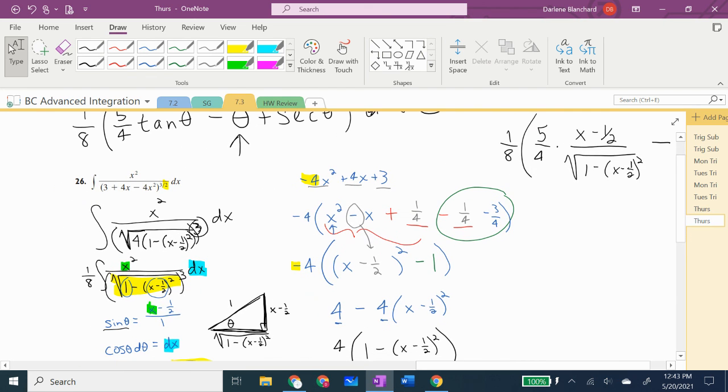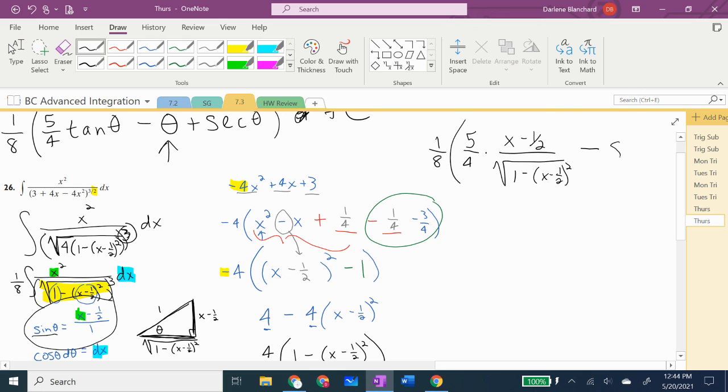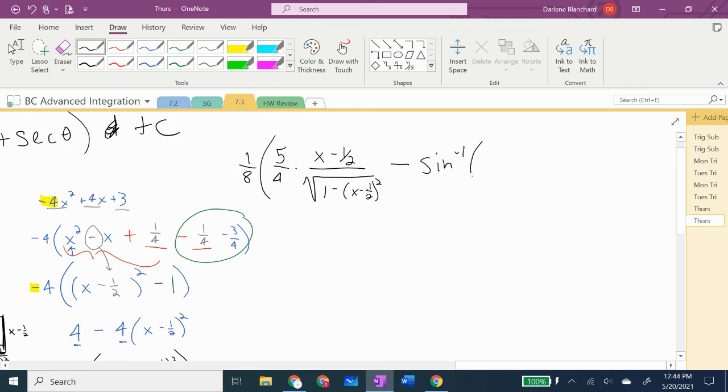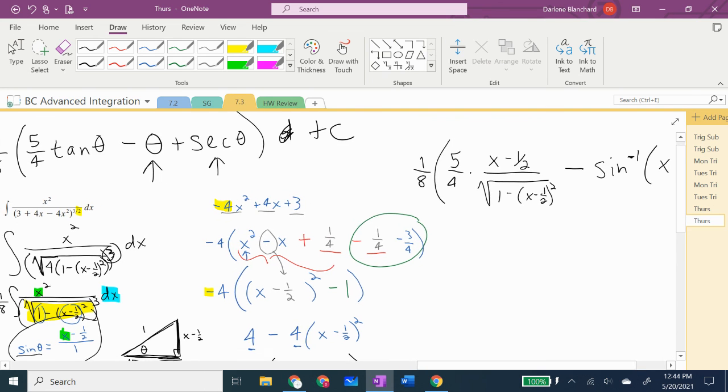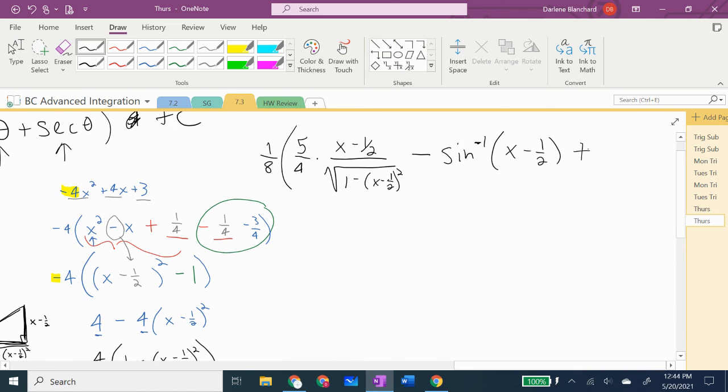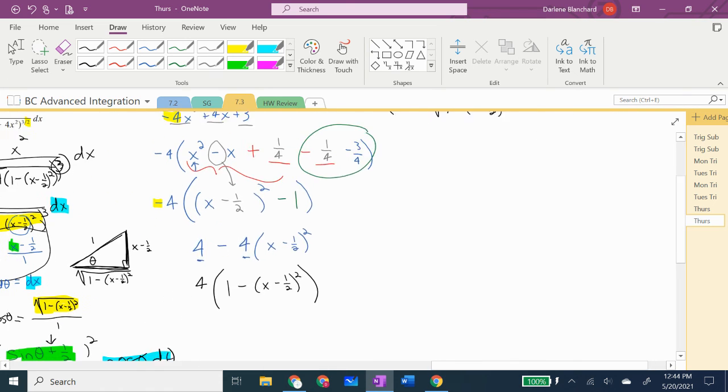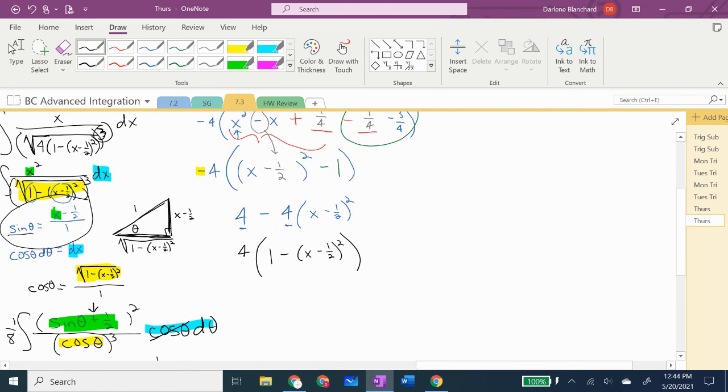I go back to my original substitution choice. Theta is the inverse sine of x minus 1/2. And then finally plus secant theta. And secant is hypotenuse over adjacent.